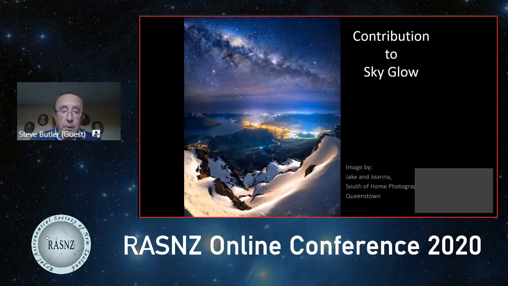The white glow at Queenstown will be a mixture of metal halides and some LEDs, a mixture of lighting technologies. So it's just a great example of the impact that the blue-rich LEDs have on sky glow above an urban area. Hardly any sky glow above the sodium lamps, and a moderate amount of sky glow above the older mixed technology lights towards the left.